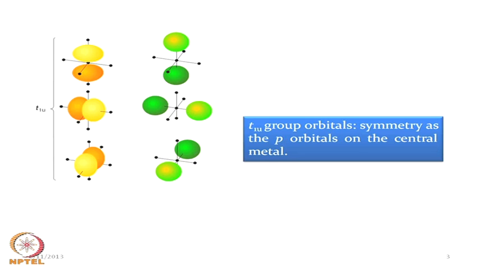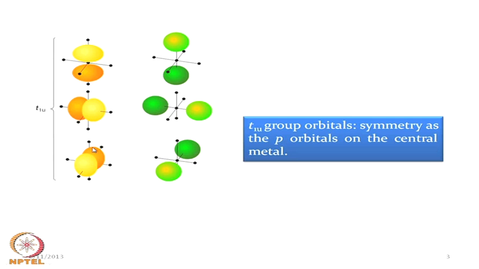So, apart from these d orbitals and s orbitals, we have these p orbitals also which are engaged in sigma bonding. So, we see that we have one s orbital of A1G symmetry, then 2 d orbitals of EG symmetry and 3 p orbitals of T1U symmetry.